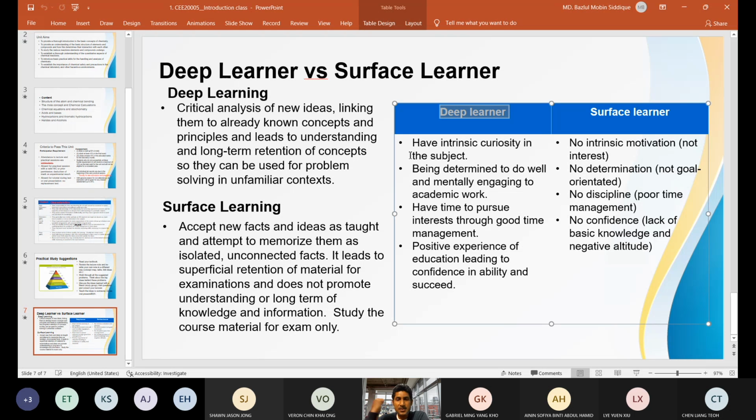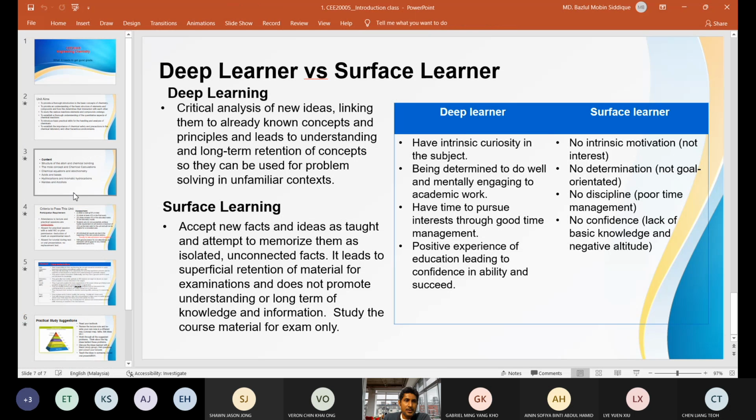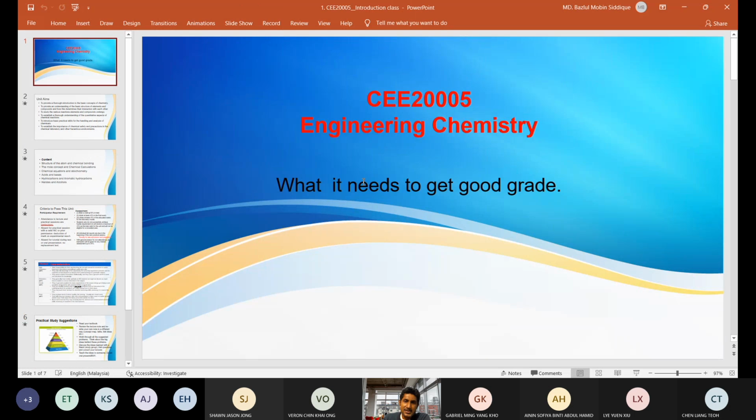Actually, we should be deep learners to help us become successful in our third year and fourth year. Deep learning is very important, that's why. All right, so this is what it needs to get a good grade.